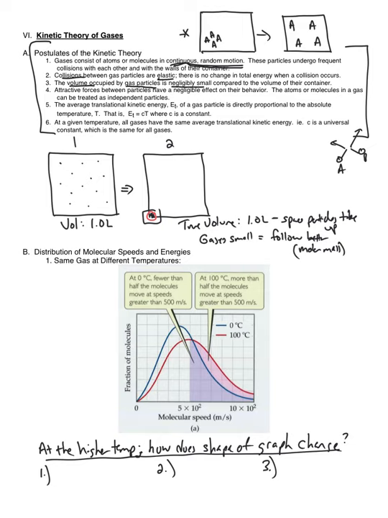Therefore the volume that the gas travels throughout is very close to the actual true volume of the container. In actuality, we have to subtract off the volume of space taken up by the particles, which can be very difficult to do. So smaller gases follow the ideal gas law better than bigger gases. The bigger a gas becomes, the less ideal it is.